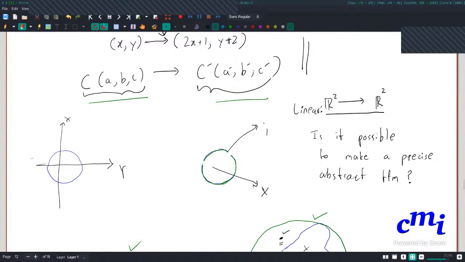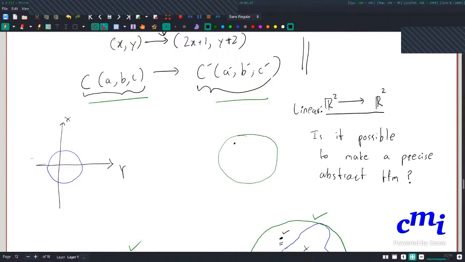So is there some linear map where, whatever the circle is that you get on the output side, it has to have some point which does not come from any point inside this circle?